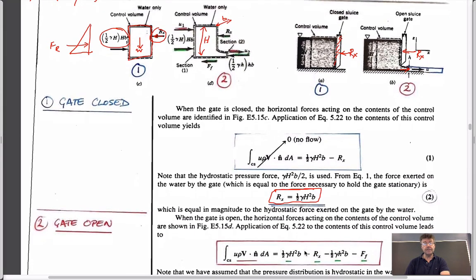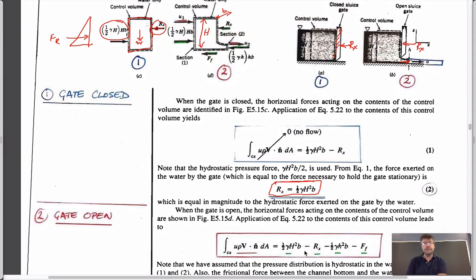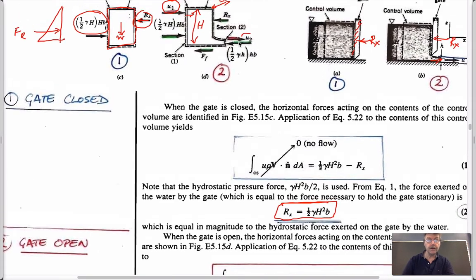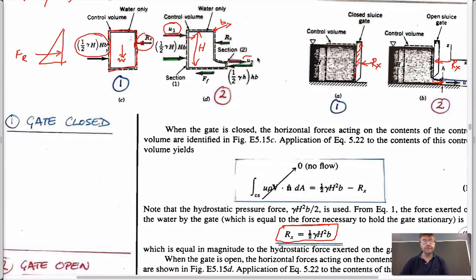So what we'd now like to do is to do the calculation for this where we open up the sluice. And so when we open up the sluice, there are two things that change. One is that we now have water in the upstream side going at some velocity. And we could imagine that this is just moving at velocity u1. And also downstream of the sluice, the water is coming out at some velocity u2.